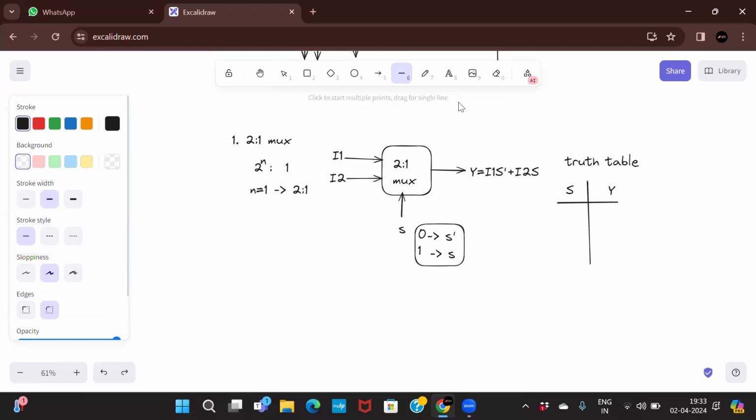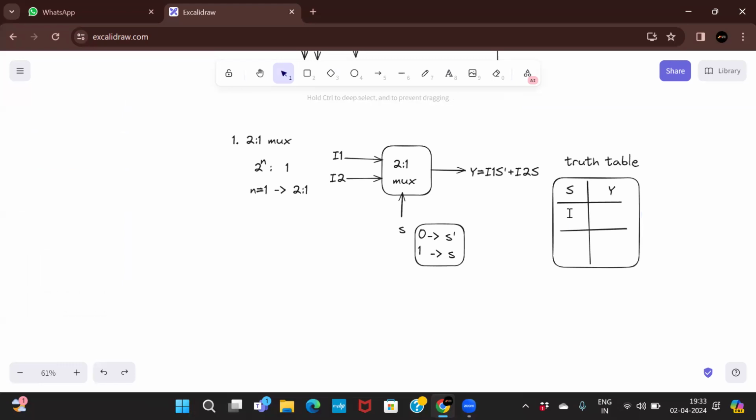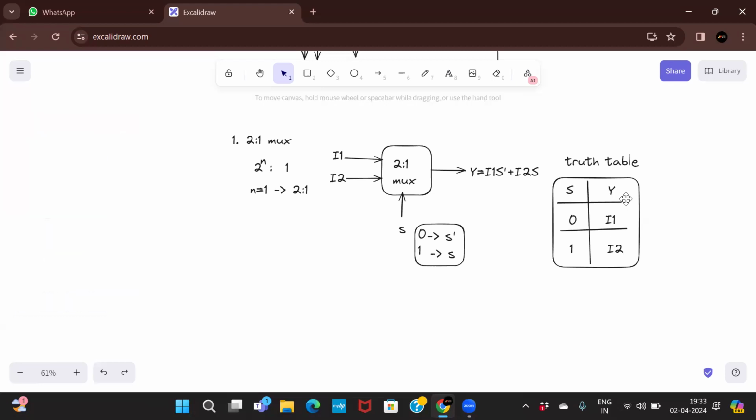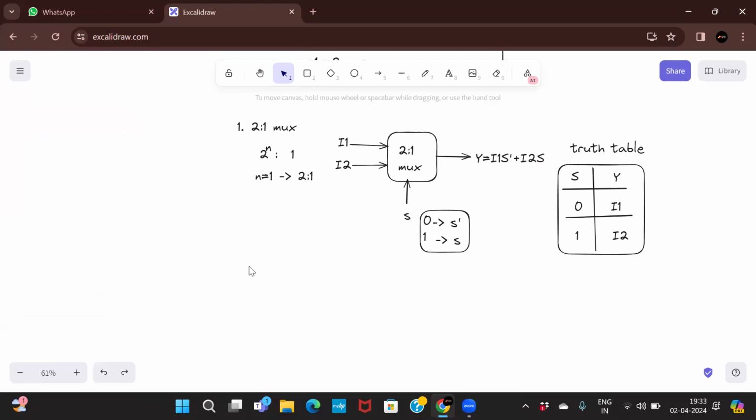Just focus on how I'm doing it, and you can easily get it. Here S value is 0 and S value is 1. When S is 0, we have output I1. When S is 1, we have output I2. So this is the truth table. It's very simple. So we'll design a circuit.